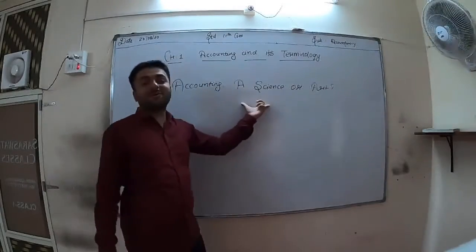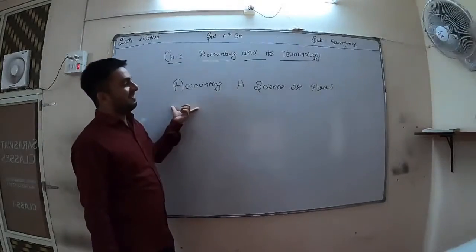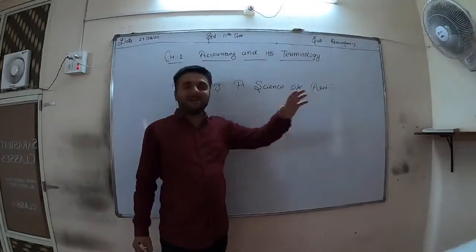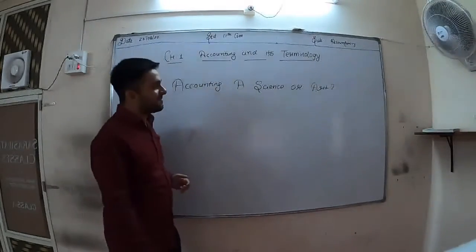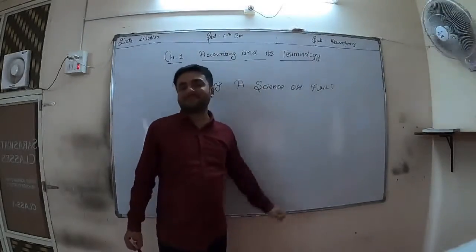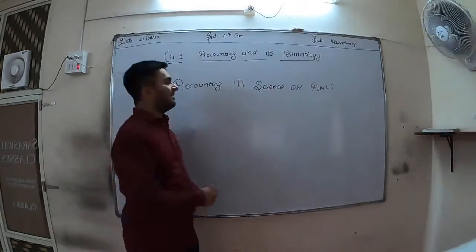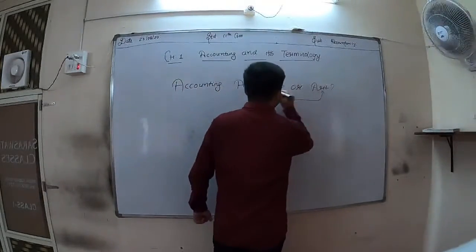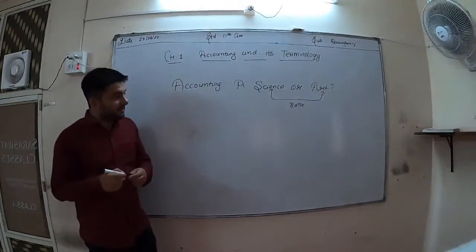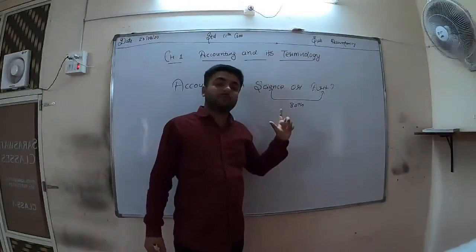This question is somewhat confusing and also an interesting question about accounting. Accounting comes under the commerce stream, but still we need to know whether it is a science or an art. Now a simple answer is that accounting is a science and an art both. Friends, accounting is a science and an art too.